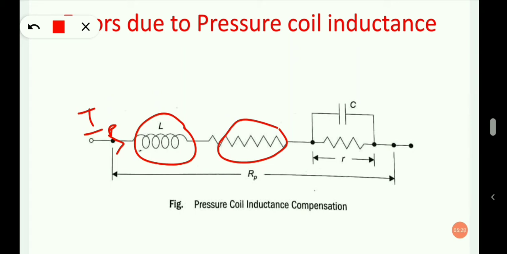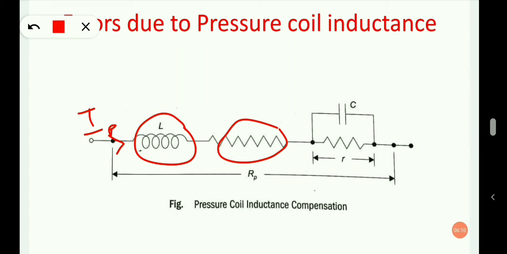Due to this, the angle difference between the current through the pressure coil and the current through the current coil no longer remains equal to phi, resulting in errors for lagging or leading loads. The wattmeter will read high for lagging power factor of the load, as the pressure coil inductance in this case decreases the phase angle between pressure coil current and load current. For leading loads, the pressure coil inductance increases the phase angle between pressure coil current and load current, causing the wattmeter to read low.